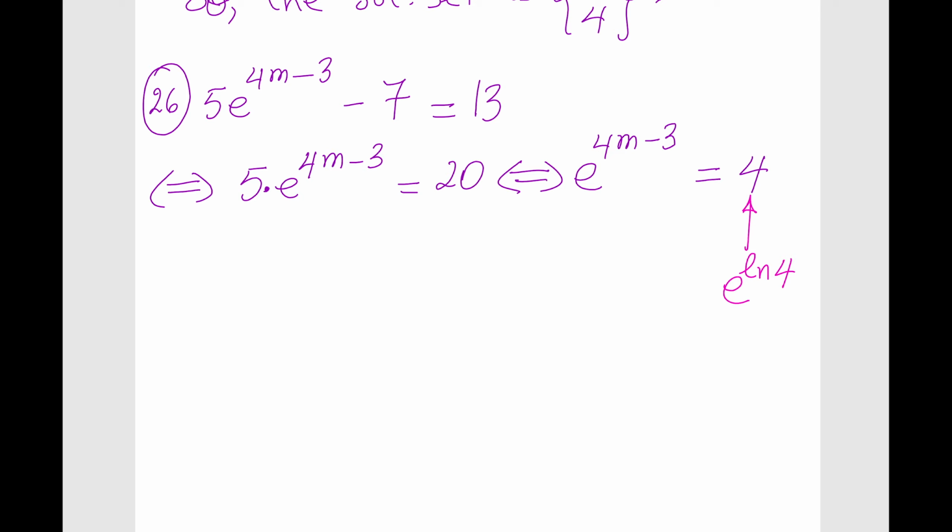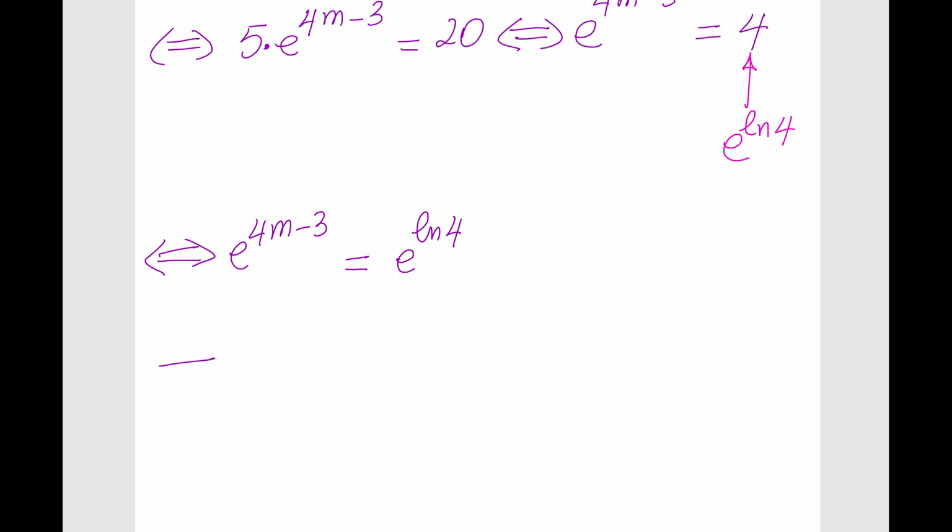Okay. So this means that this is equivalent to e to the power 4m minus 3 is equal to e to the ln of 4. All right, now the asterisk property kicks in, with the base e to be a over there, and this guy here to be x, and this guy to be y.